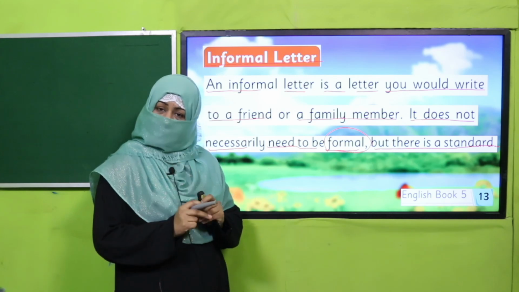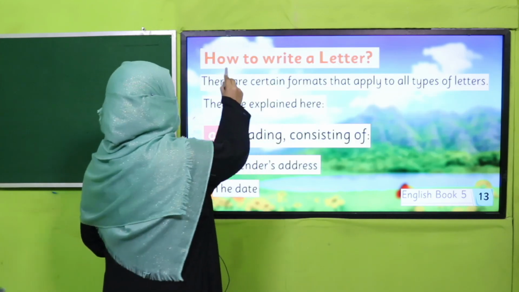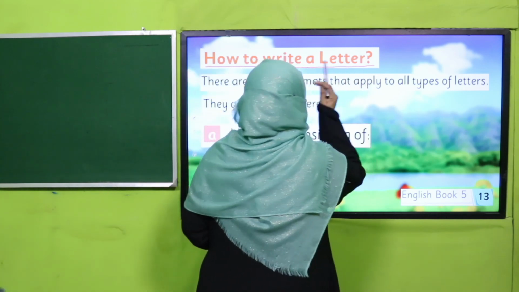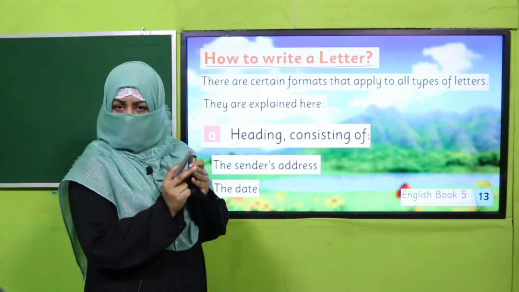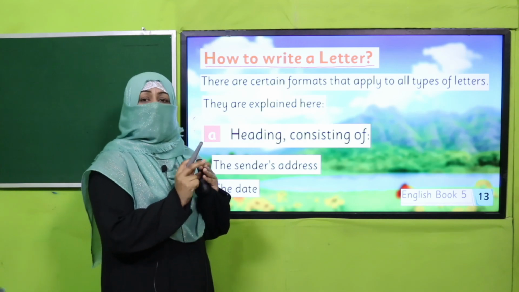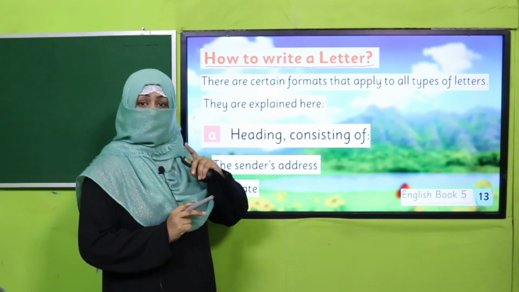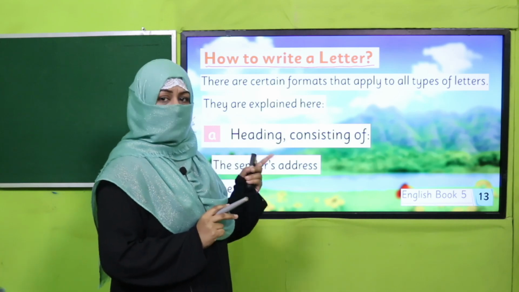Likewise, when we write a letter, the difference is there. Okay? So how to write a letter? There are a few standards which are common. All right, those common standards we are going to learn today. And what is the difference in a formal letter? As I told you, I'll tell you when we study Unit 9.